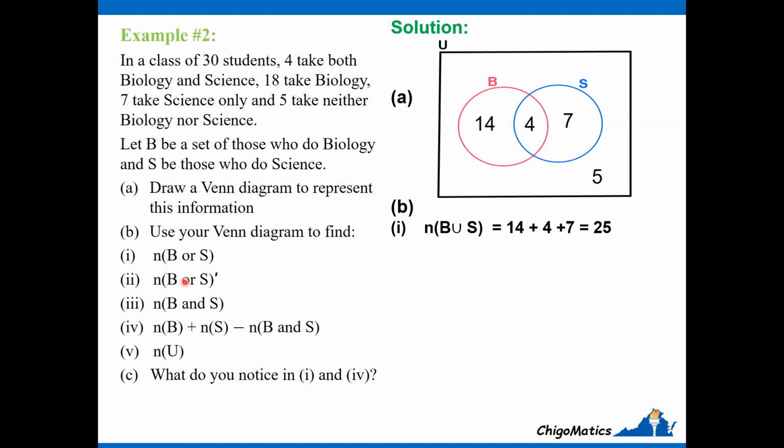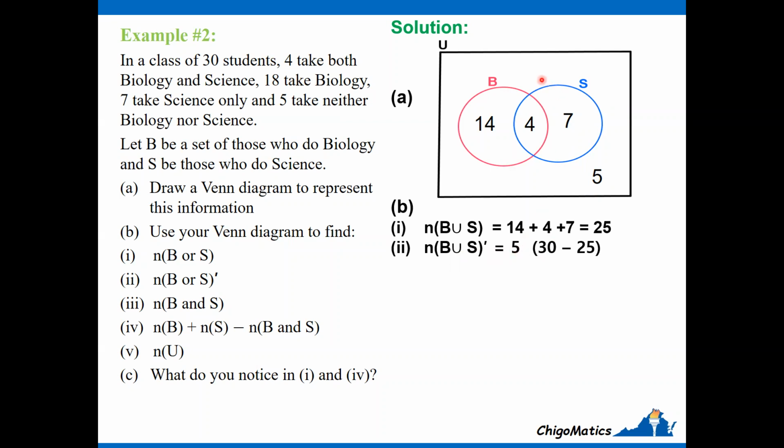Who are those who are not doing anything? That's the meaning of this. So you go outside the Venn diagram, I mean, outside the 2 sets B and S, inside the Venn diagram, and it's 5. So those who are not taking biology, nor science, are 5.